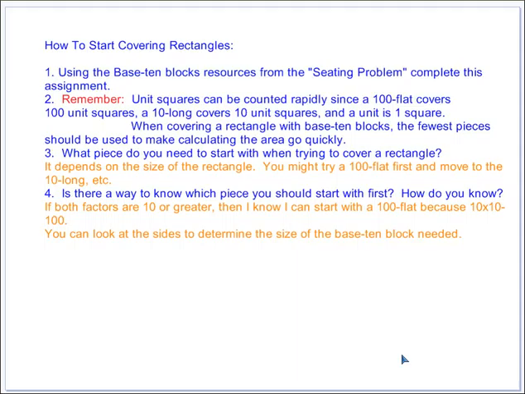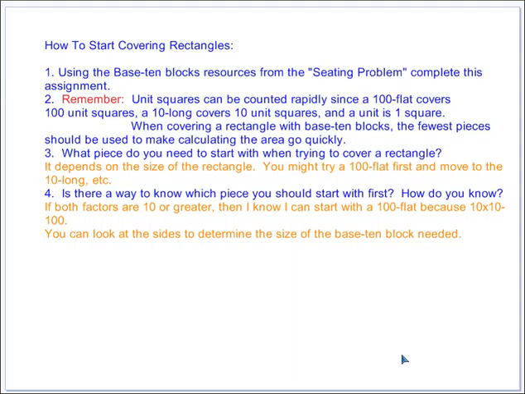Then you need to really remember that unit squares can be counted rapidly, since a 100 flat covers 100 unit squares. So you want to pick the biggest type of grouping of the base 10 blocks that you can use and start with that, and then work towards the smallest ones, instead of just putting individual units onto your paper. That's going to take a while. It would be faster to use your 100 flat and then your 10 longs and then your unit squares.